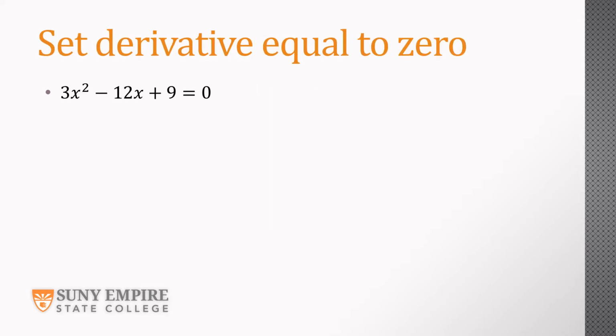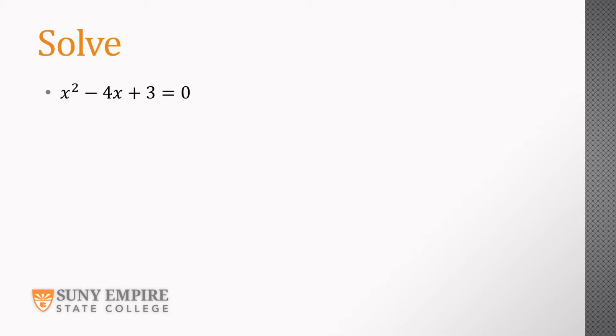We set 3x squared minus 12x plus 9 equal to 0. To begin solving, we can factor out 3 and be left with x squared minus 4x plus 3 equal to 0. This is nicely factorable, so we have the quantity x minus 3 multiplied by the quantity x minus 1 equal to 0.